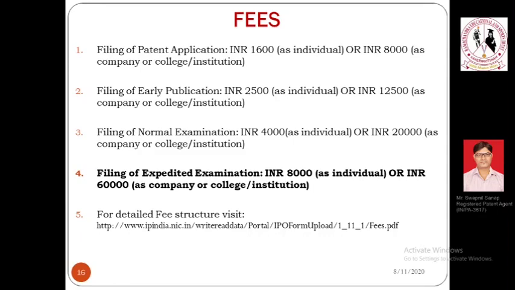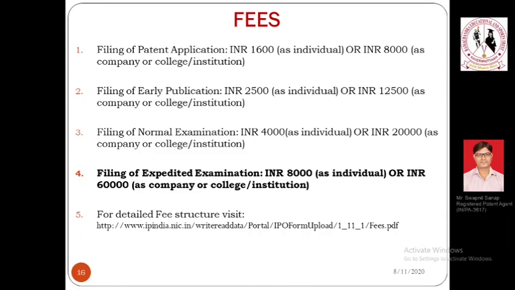According to the normal examination request, you have to pay only 4,000 rupees as an individual, or if you are a company or organization or college, you need to pay 20,000 rupees. The second type of examination is called expedited examination, as highlighted here. Here, if you are an individual and especially if you have a women applicant in the patent application, the women applicant is very important here.